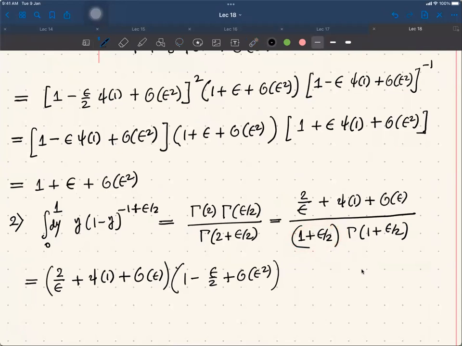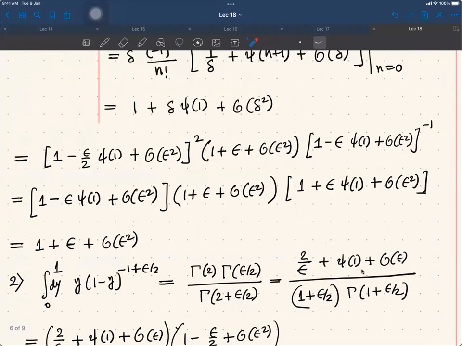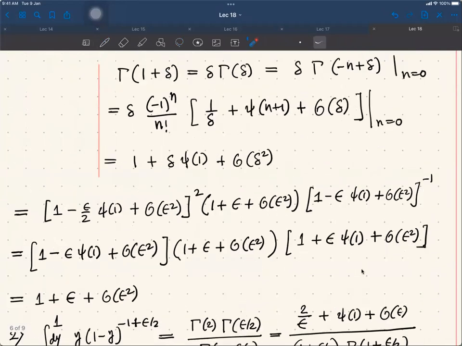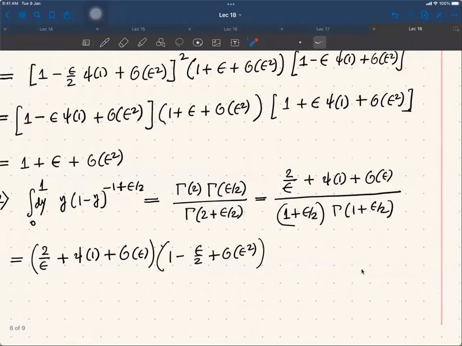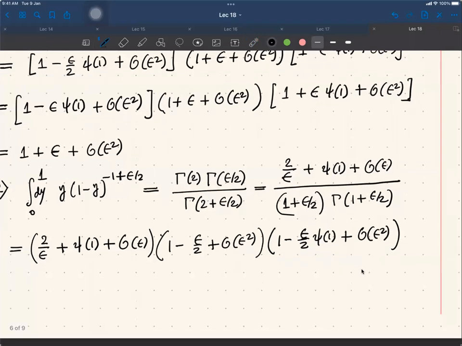And gamma 1 plus epsilon by 2 we have already calculated. This is gamma 1 plus delta, where delta is epsilon by 2. So 1 plus epsilon by 2 times psi 1, and it is downstairs, so 1 minus epsilon by 2 times psi 1 plus order epsilon square. Okay.